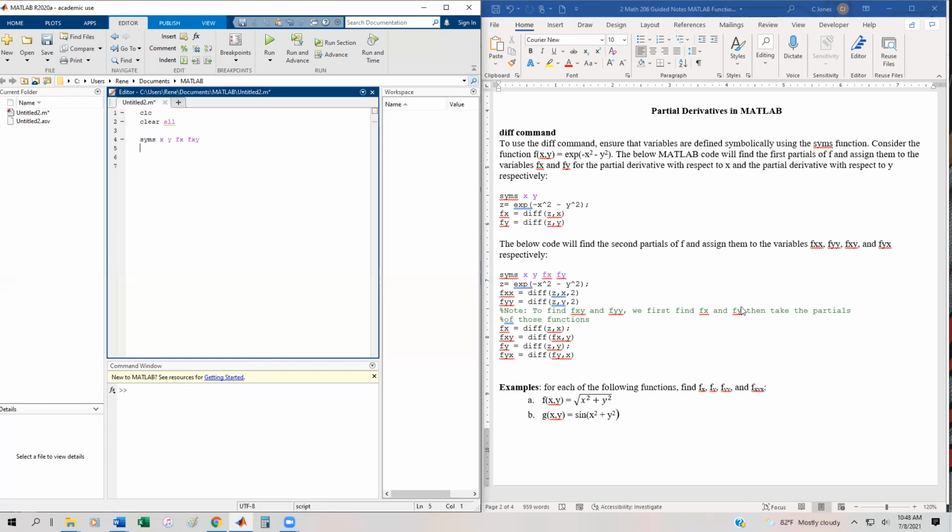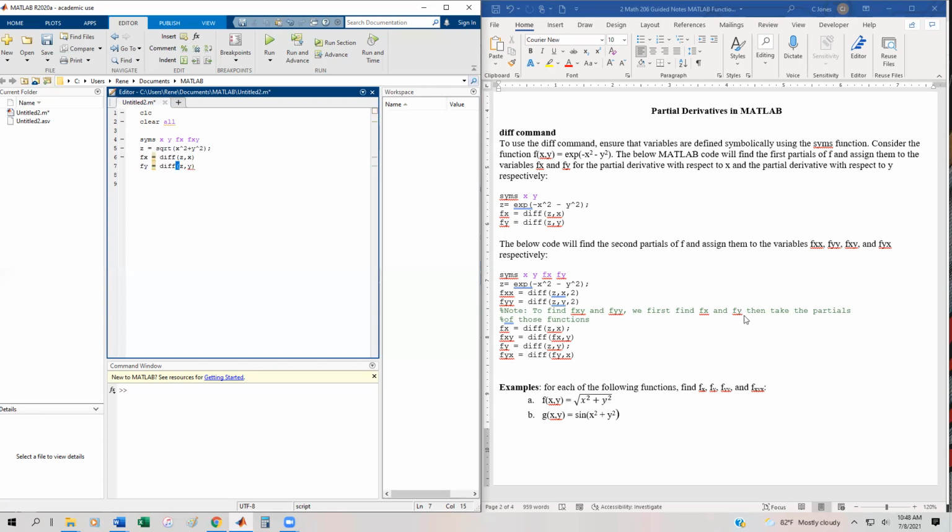Now we have our function, which I'm going to call z, and z is going to be equal to the square root of x squared plus y squared. To find the first partial with respect to x, I'm going to say fx is going to be equal to diff of f with respect to x. And I'm going to say fy is going to be equal to diff of f with respect to y. In fact, it should be z, not f. So I'm going to call it zx, zy.